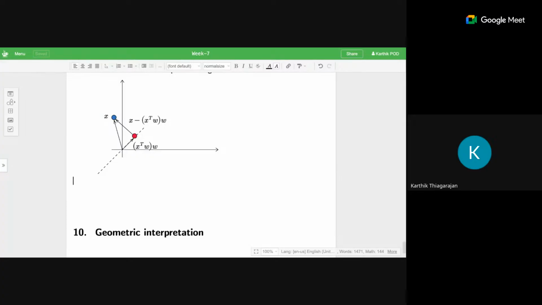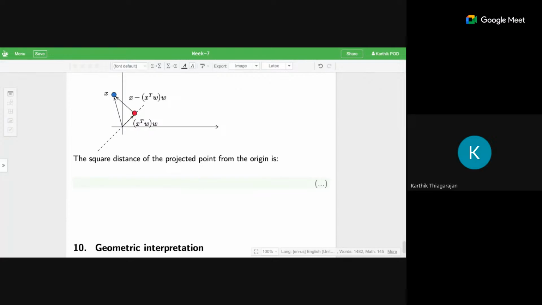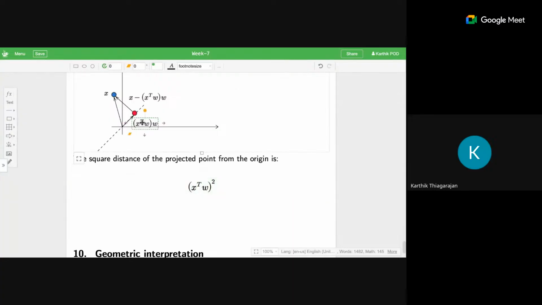So what is the squared distance of the projected red point from the origin? It is the norm of X transpose W, W, whole square. So X transpose W square, right? Because if you think about it, W is unit norm.